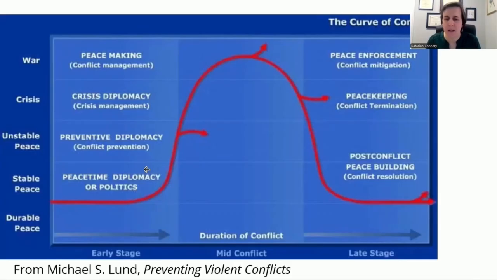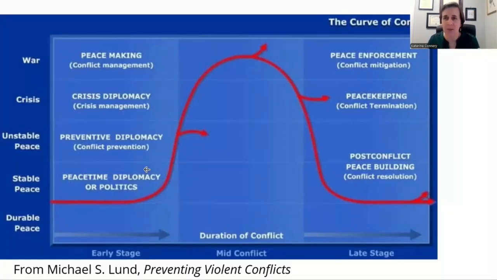Once things start to open up more and moving towards ending the war, you enter into peace enforcement. It becomes necessary to build confidence between the parties, right? During a war, a lot of trust is eroded. There's not a lot of belief or confidence that one side or the other is going to adhere to a peace agreement if a peace agreement is made.